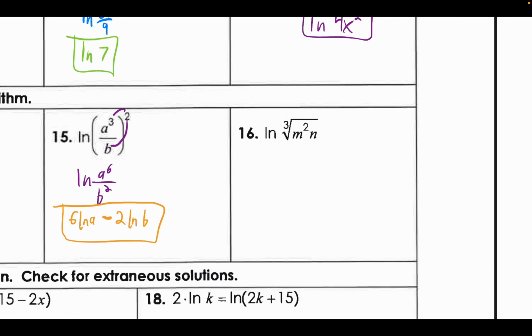On number 16, this is a cube root. Remember that cube root is a power of 1/3. So this becomes natural log of m to the power of 2/3, n to the power of 1/3, because it's numerator over denominator. And this has a secret numerator of 1. And so this becomes 2/3 times the natural log of m plus, because they're multiplying, 1/3 times the natural log of n.